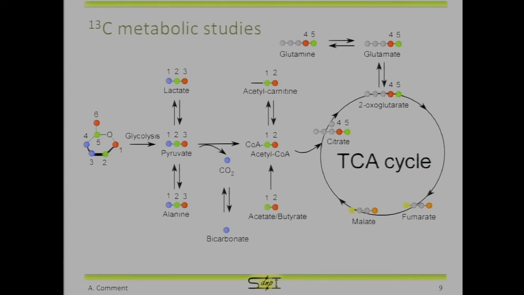What's fantastic about this labeling technique is that you pick a specific position in the molecule, say position 1 on glucose, and through glycolysis it will end up in position 3 of pyruvate, then possibly position 3 of lactate, or position 2 of acetyl-CoA, etc. Positions 3 and 4 on glucose will end up in CO2 and bicarbonate, and all this information can be recorded.